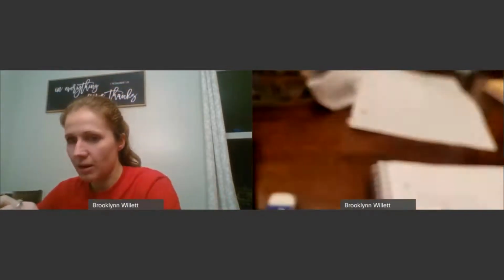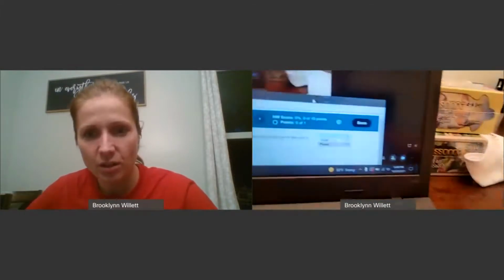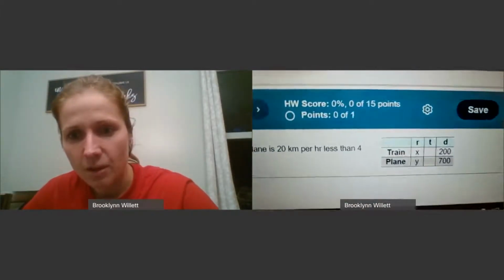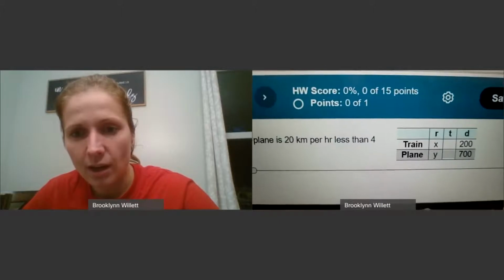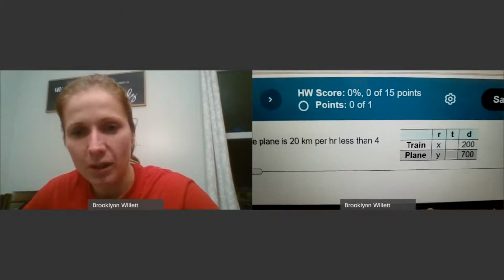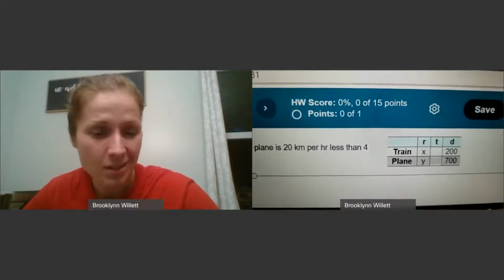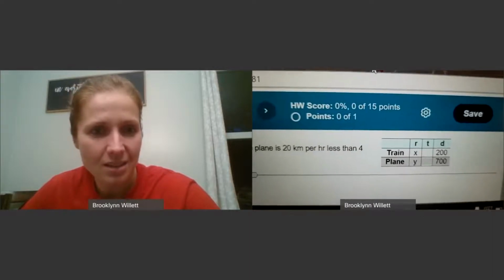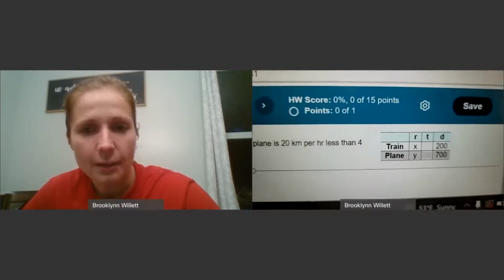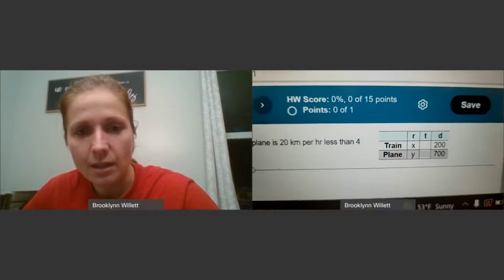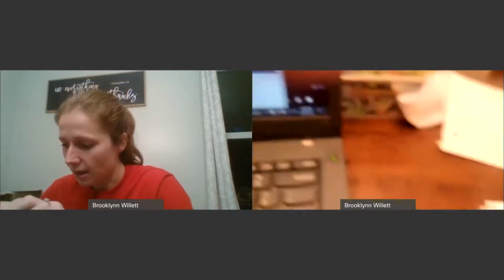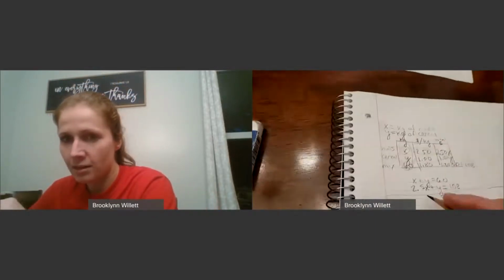So that's the first thing I'm going to write down. And the table they already got started for us, X and Y, they're putting in the R column. R should be rate, and rate in this case is the same as speed. So they're calling X the variable for the train.